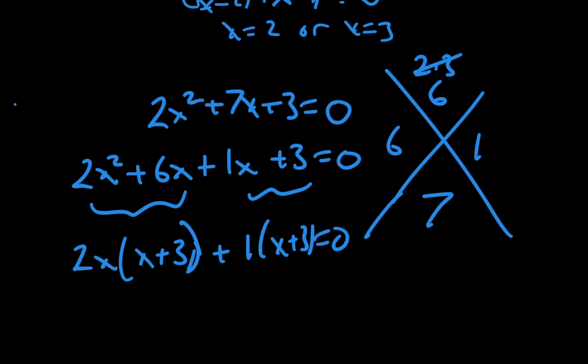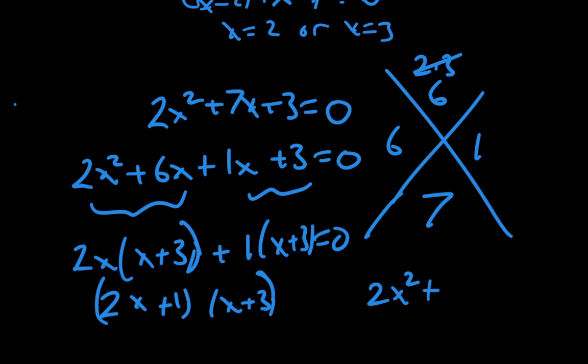And with factor by grouping, we can just do 2x plus 1 times x plus 3. And if you're curious, you can just FOIL it out. So that's 2x squared plus 6x plus x plus 3. It checks out.